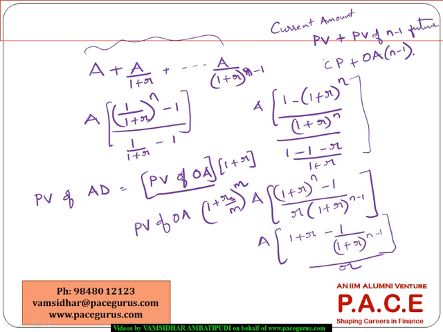That is what is coming out as annuity due as well. Though there are a total of n payments, one is the current payment, and the remaining n minus 1 payments behave as an ordinary annuity of n minus 1 periods. So I can break the problem into one lump sum today plus an ordinary annuity for n minus 1 periods. That's one more interesting part we need to look at.